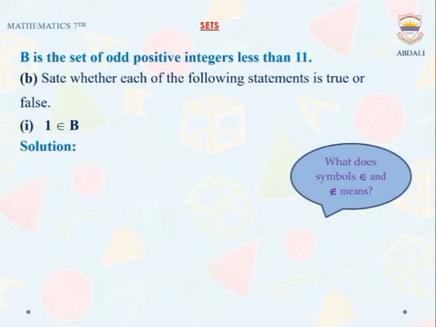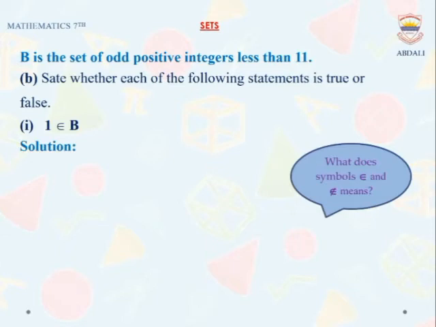So now our question means 1 belongs to B. We know what B is. B is a set of odd positive integers less than 11 which we have written previously. Now we have to tell if 1 belongs to B, is it true? Think about it. Yes. In set B there is an object which is 1.